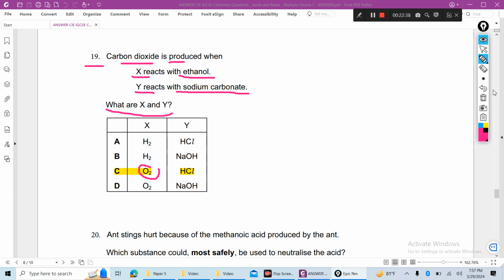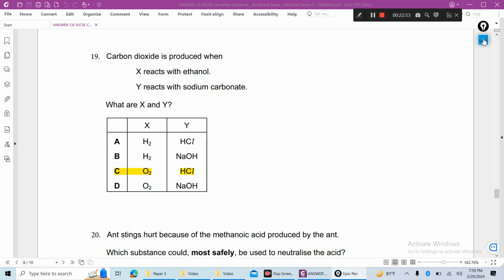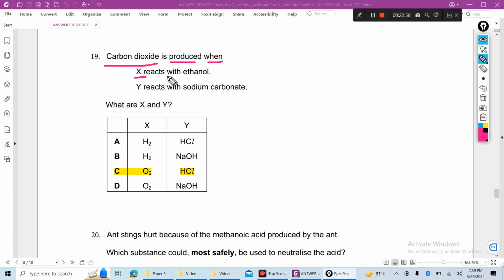Carbon dioxide is produced when X reacts with ethanol, and Y reacts with sodium carbonate. When ethanol undergoes a combustion reaction with oxygen, carbon dioxide and water are produced.